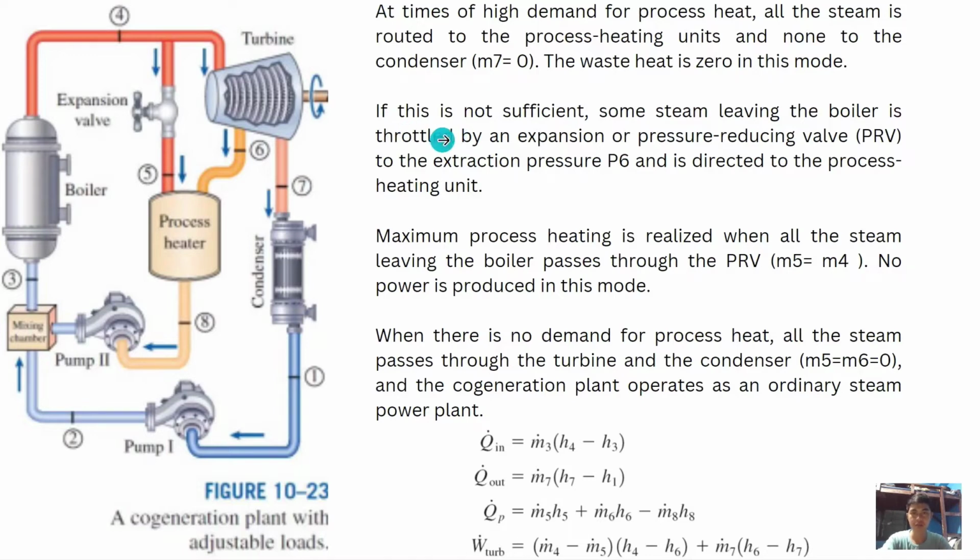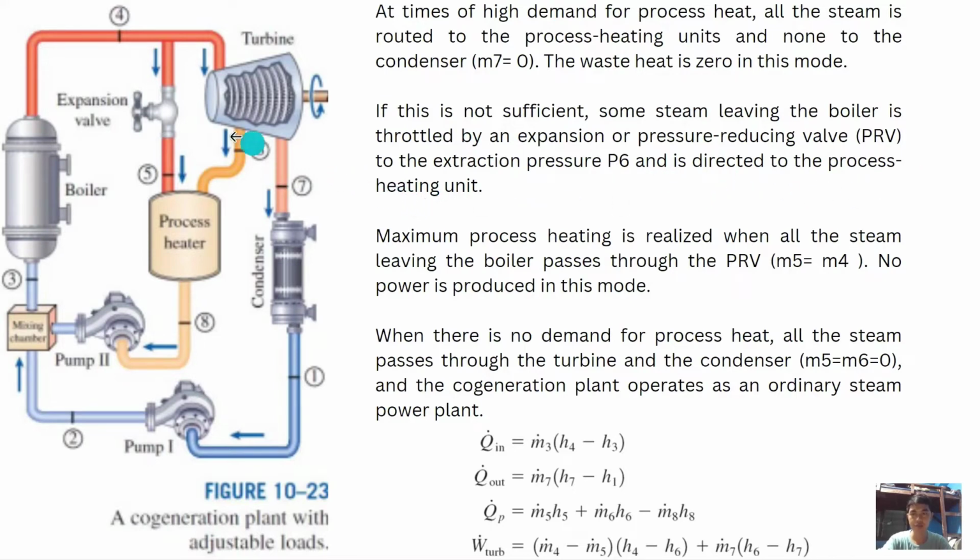If this is not sufficient, some steam leaving the boiler is throttled by expansion or pressure reducing valve, or PRV, to the extraction pressure of P6 and sent directly to the process heating unit.